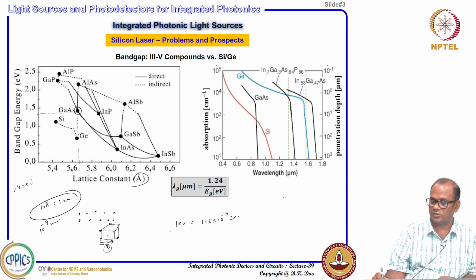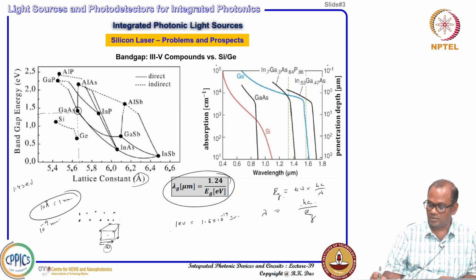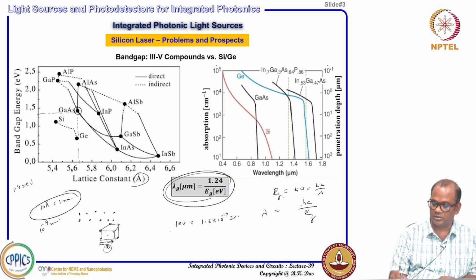That is why you get this lambda g for gallium arsenide. If you use this formula, Eg equals h-cut omega equals h c by lambda, since omega equals 2 pi c by lambda and h-cut equals h by 2 pi, then you can find lambda equals h c by Eg. If you put in the Planck constant, velocity of light, etc., you get this expression for lambda g, the wavelength corresponding to the band gap.